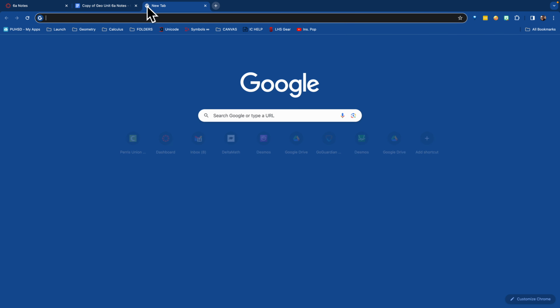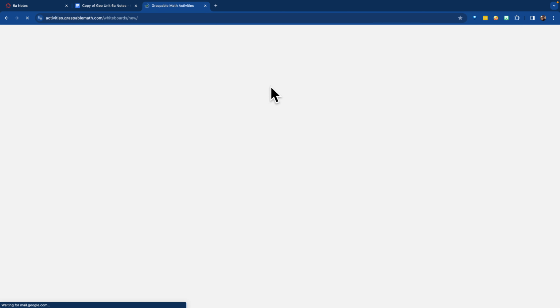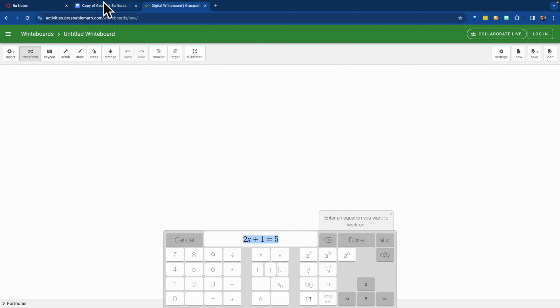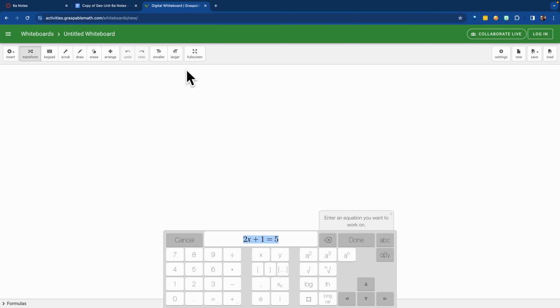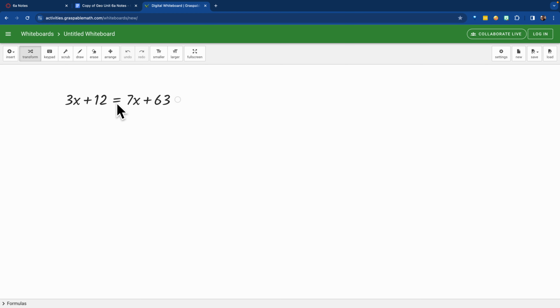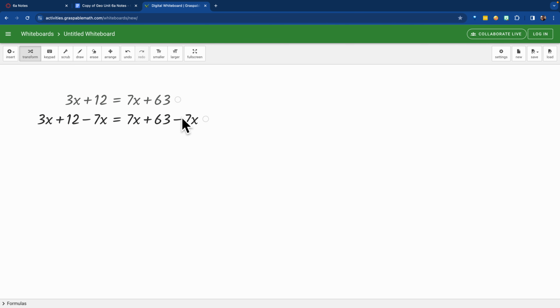Now, for those of you who remember, we have a tool that's been helpful to do this, math.new. And I could say 3x plus 12 equals 7x plus 63. So I have 3x plus 12 equals 7x plus 63. And on this one, I believe it has minus 7x to both sides.